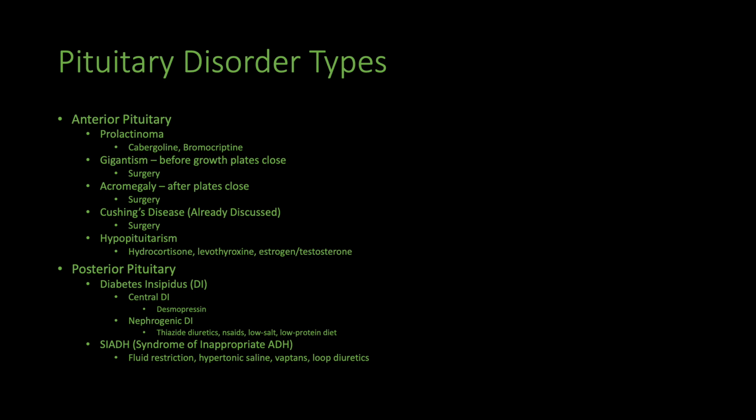And then these are some of the other disease states I have listed here. Take a look at some of the other medications you may or may not have seen in practice. Cabergoline, bromocriptine. I particularly haven't seen them used, but maybe they are used in some other practice somewhere else.